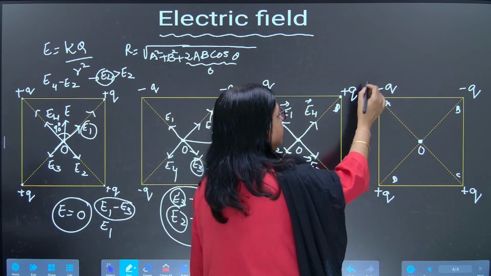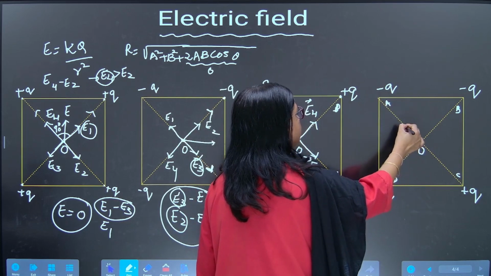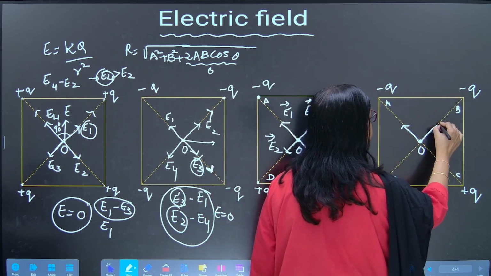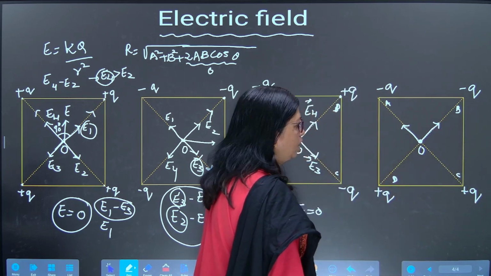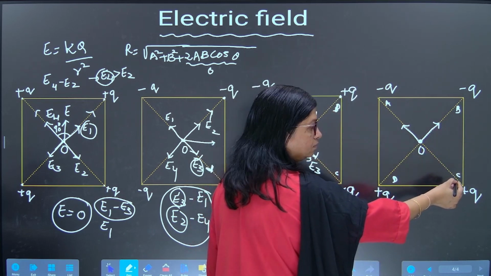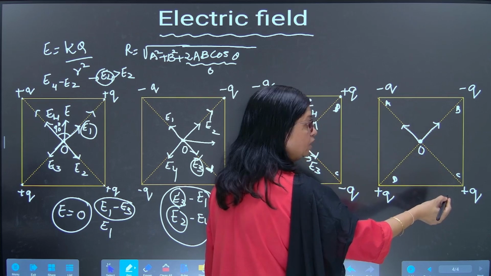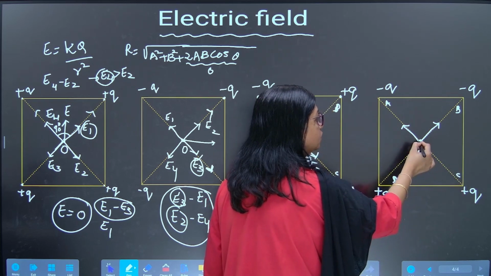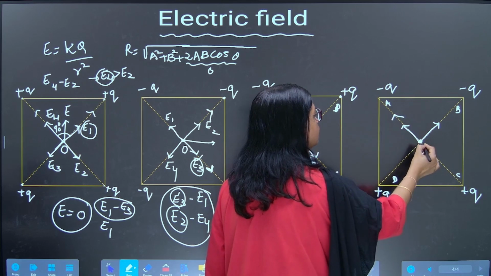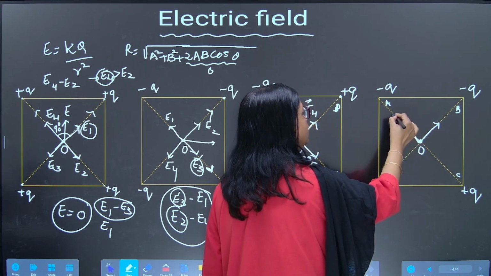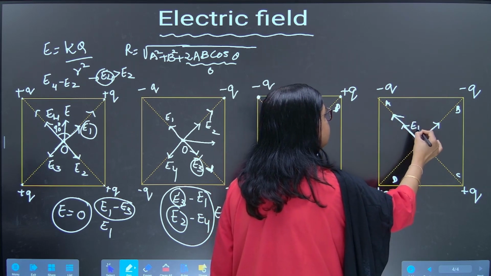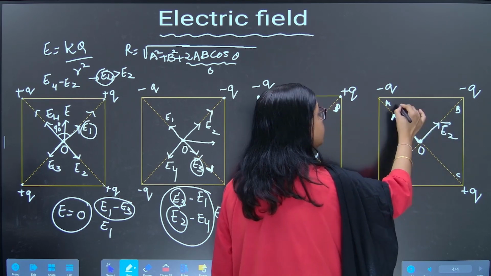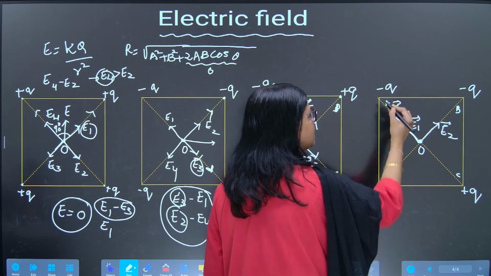Go to A. It is negative, so arrow towards it. Go to B. It is also negative, arrow towards the charge. Go to C. What is it? Positive. So what is the rule? From positive to the point, go outwards. So here if I name this as E1, if I name this as E2, then this is my E3.